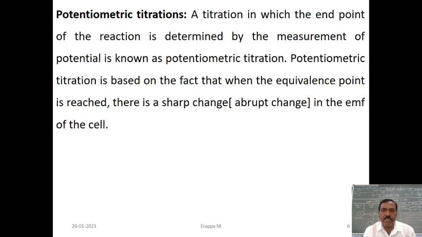A titration in which the end point of the reaction is determined by the measurement of potential is known as a potentiometric titration. Potentiometric titration is based on the fact that when the equivalence point is reached, there is a sharp or abrupt change in the EMF of the cell.